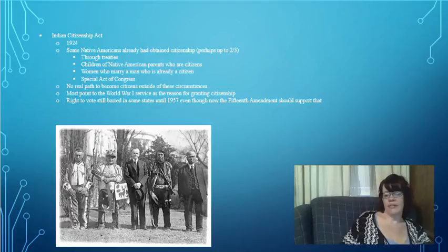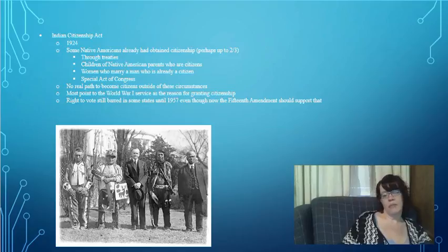But Native Americans still experience a lot of discrimination, much like African Americans do, even with the Indian Citizenship Act. First of all, it has two sides to it. On the one hand, it gives them citizenship, but on the other hand, it's another step in what is often called assimilation, in making Native Americans just like usually white middle class Americans.